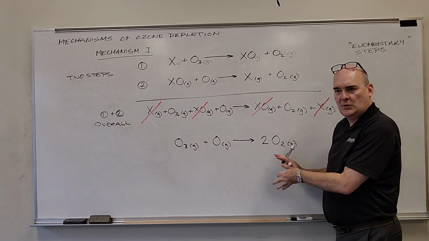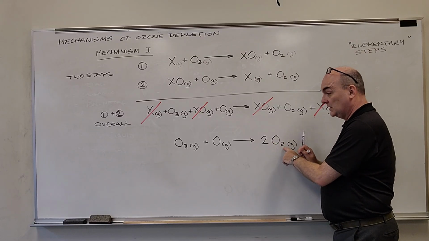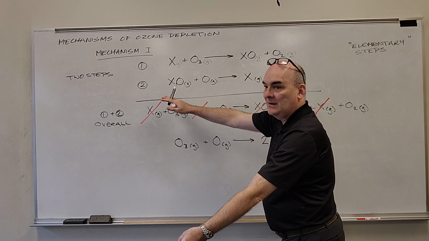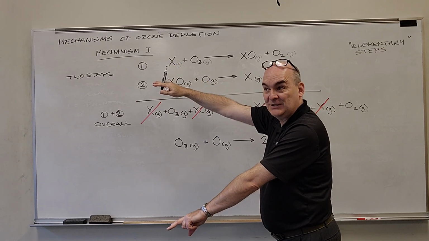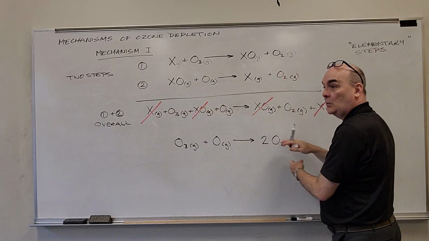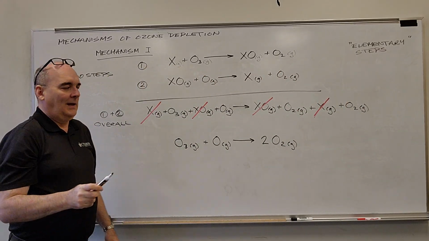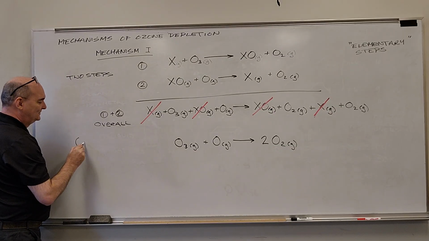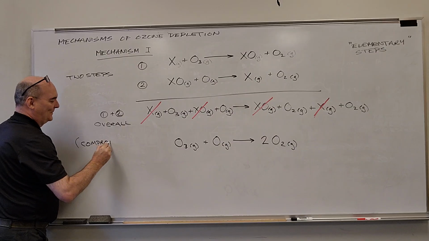That's much more commonly seen in general chemistry of, I'm starting in the middle, O2, and I'm making an O3 and an O, making something higher on the list and something lower on the list. Disproportionation. This way, comproportionation. I'll write it over here, because it absolutely is not in the book.